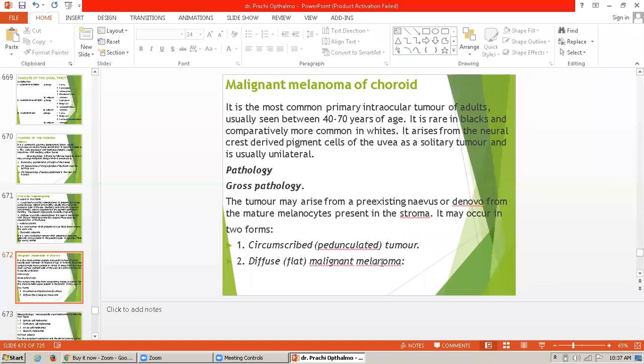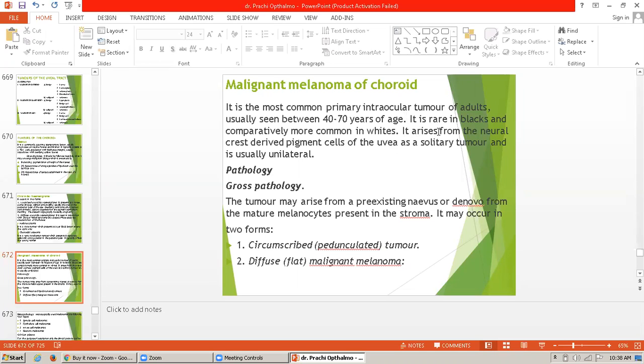So malignant melanoma of the choroid is the most common primary intraocular tumor of adults, seen between 40 to 70 years of age, rare in blacks and common in whites.